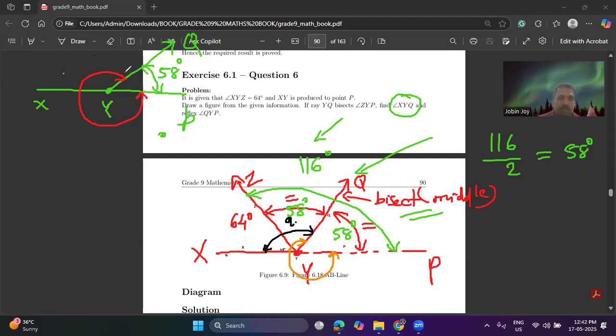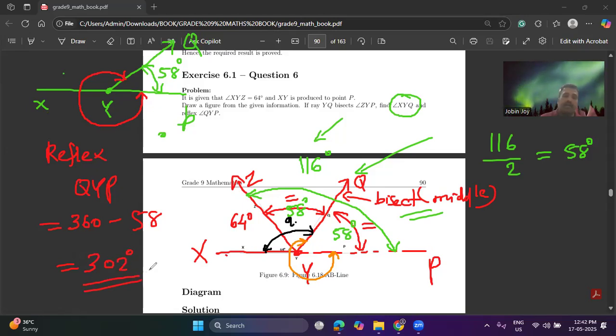This angle is what is called reflex QYP. So what is QYP? QYP is 58 degrees. So how will you calculate reflex QYP? 360 degrees minus 58 degrees. What is 360 minus 58? 302 degrees. So reflex QYP is 302 degrees.